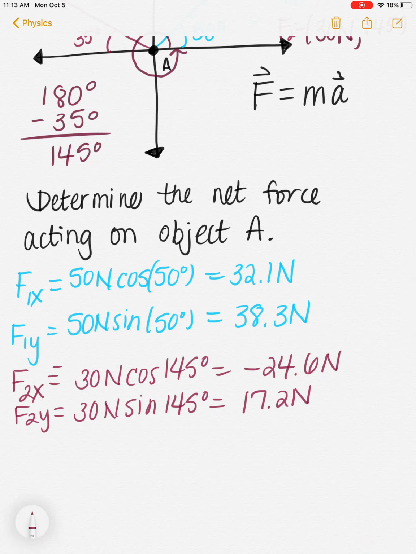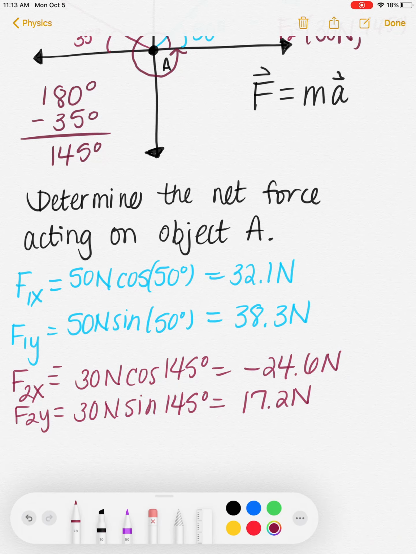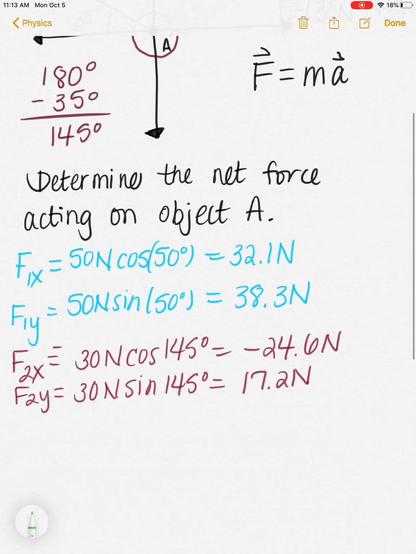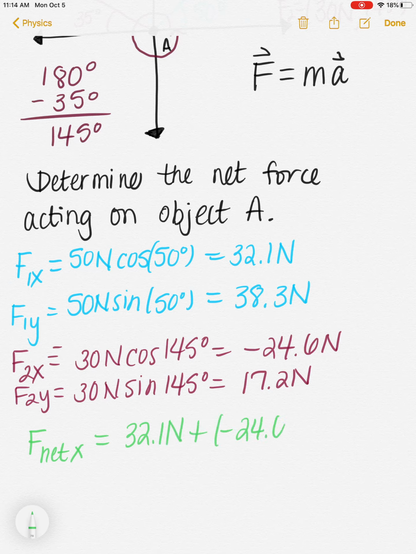Now, the net force, you might remember, can be found by adding up the x components and the y components. So the net x component is going to be equal to 32.1 newtons plus negative 24.6 newtons.